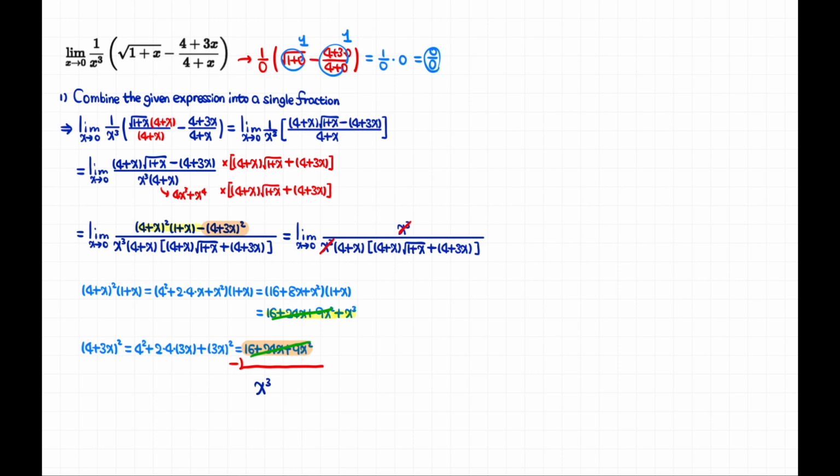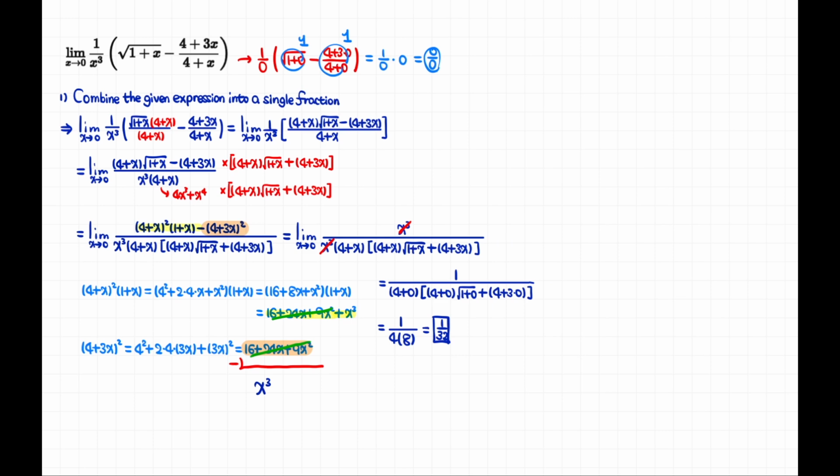And if we substitute, plugging in 0 for x, and simplify this, 4 plus 4 is 8, which therefore is 1 over 32. And this is our final answer.